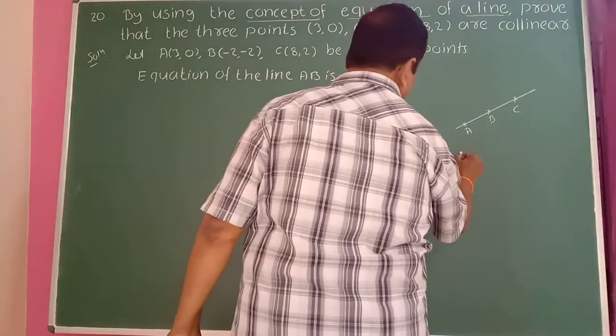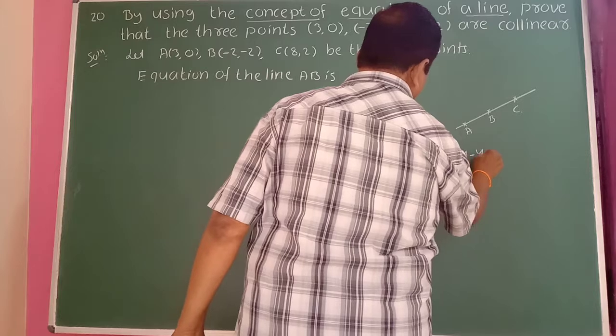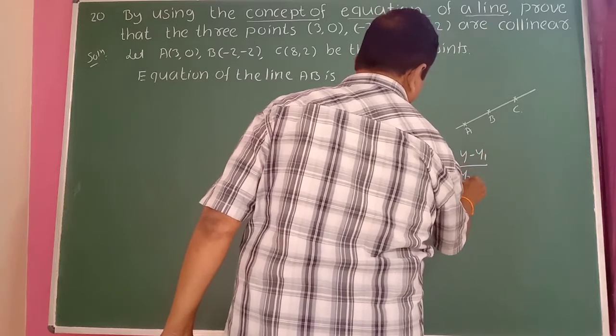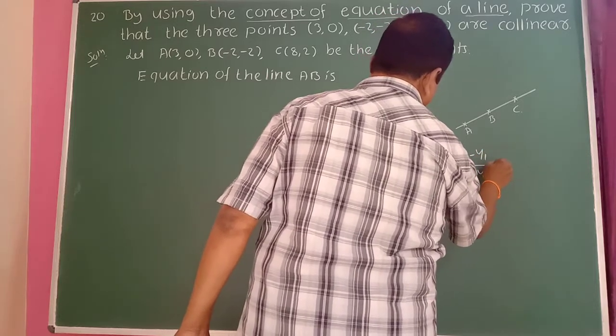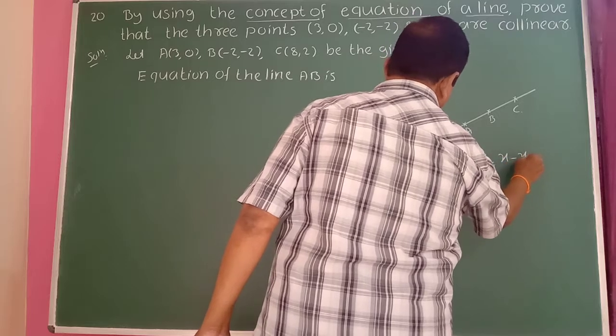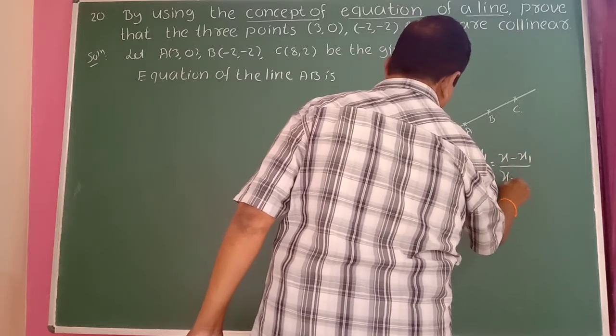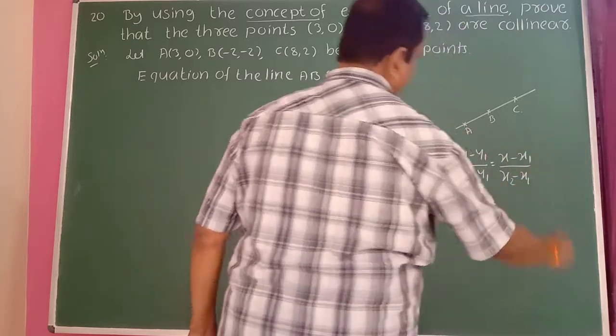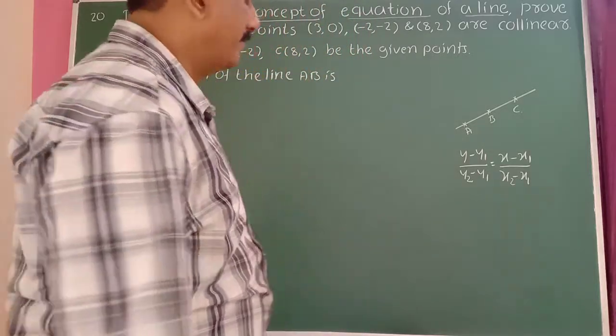The equation of the line AB, with the points (3, 0) and (-2, -2). So you are using the two-point formula: (y minus y1) upon (y2 minus y1) is equal to (x minus x1) divided by (x2 minus x1). This is called the two-point form.